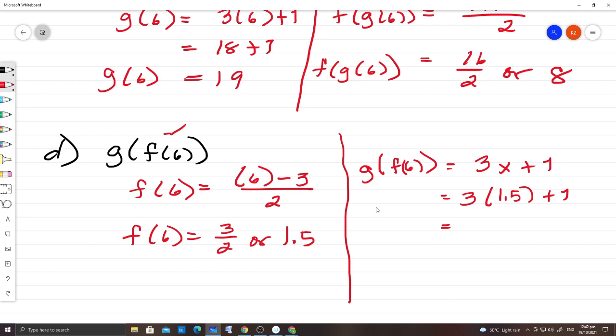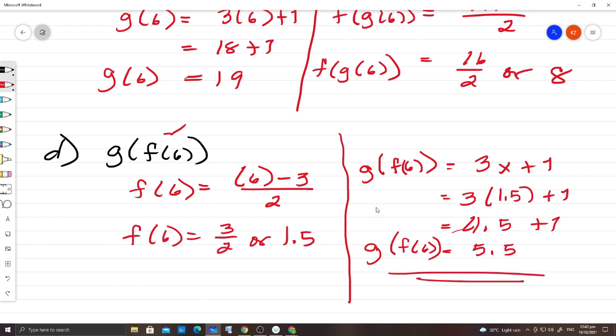Okay, 4.5. 4.5 plus 1, so we have 5.5, or 5 and 1/2. Again, it is for you now to study by yourself for numbers 2 and 3. The answers are at the back of your book to find out if you are correct or not.